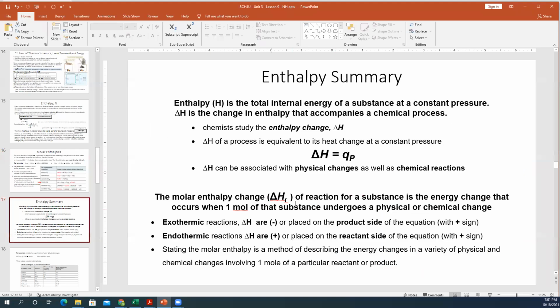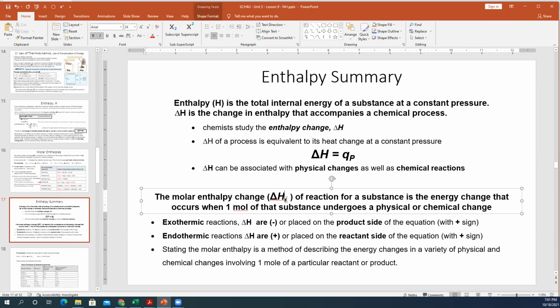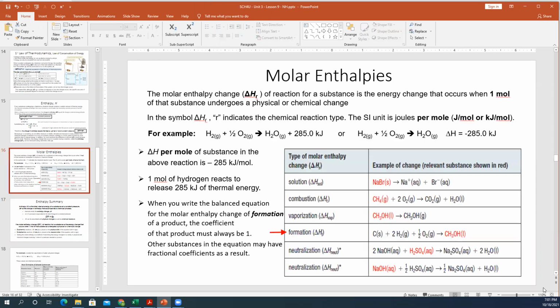The molar enthalpy change of a reaction is the change that occurs when 1 mole of that substance undergoes a physical or a chemical change. So for example, like we talked about, when 1 mole of this acid is neutralized, or when 1 mole of this base is neutralized.